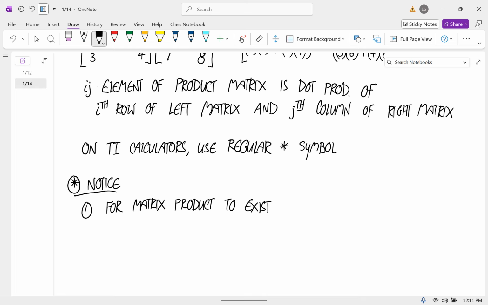Think about what it takes for a dot product to exist. The length of the two vectors has to be the same. So for a matrix product to exist, the number of columns on the left and the number of rows on the right must match.